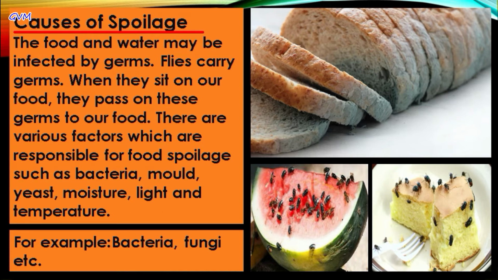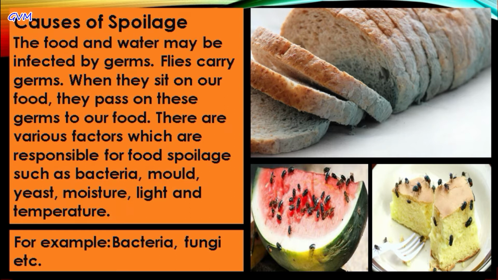When these flies sit on our food, they pass on these germs to our food. There may be various factors responsible for food spoilage, like bacteria, mold, yeast, moisture, light and temperature. These are the basic factors responsible for the spoilage of our food, and due to all these factors our food becomes spoiled.